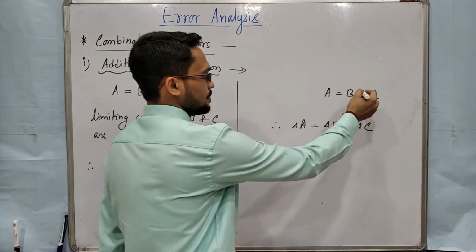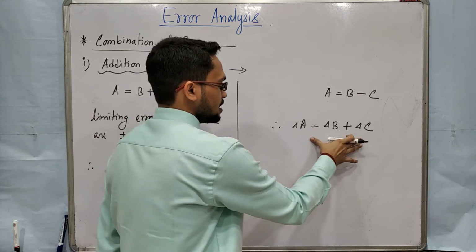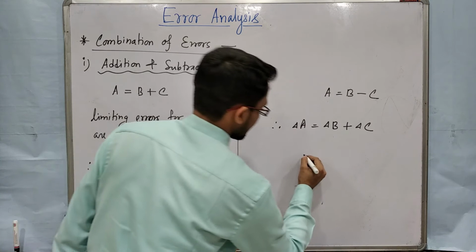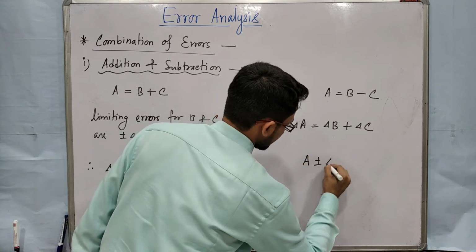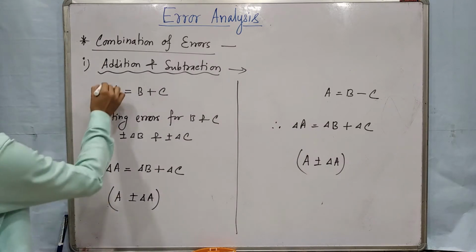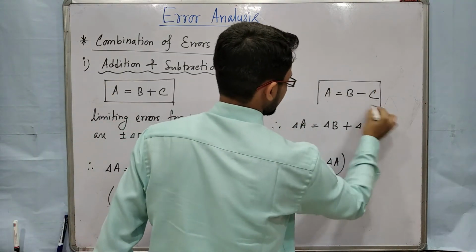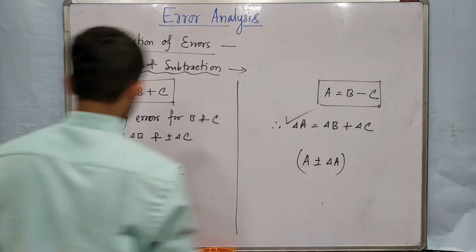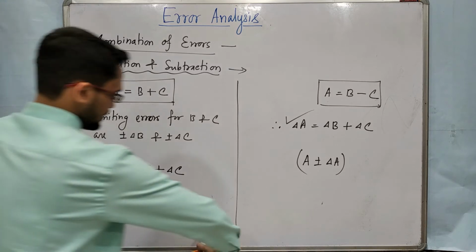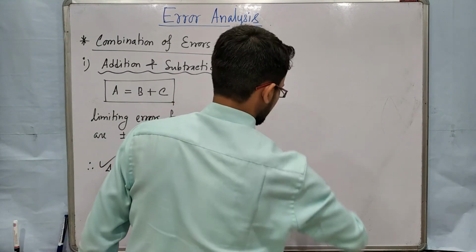The operation may be addition or subtraction, but in the formula of error it will always be addition. And at the end we will write A plus minus delta A. Understand? Whether it is A equal to B plus C or A equal to B minus C, the error formulas are similar. Now I am giving one example so that you can understand. So one example.